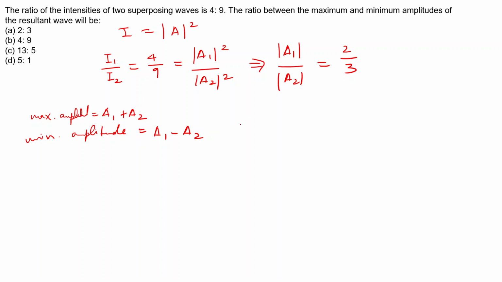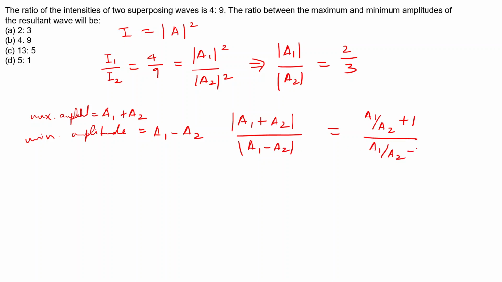Now we need to take the ratio of A1 plus A2 and the modulus of A1 minus A2. We don't know the value of A1, but we know the relation between them. So if I divide the numerator by A2, I'll get A1 by A2 plus 1, and if I divide the denominator by A2, I'll get A1 by A2 minus 1, with modulus.